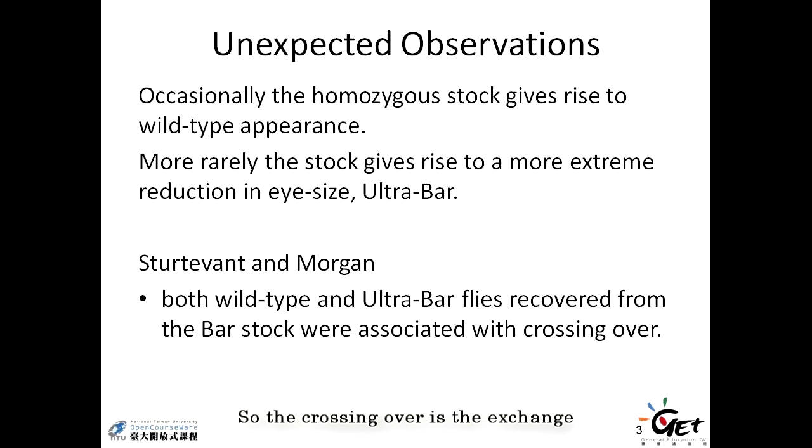Crossing over is the exchange between two homologous chromosomes. Then they further estimated the recombination rate and hypothesized that the recombination occurs right at or near the bar locus.